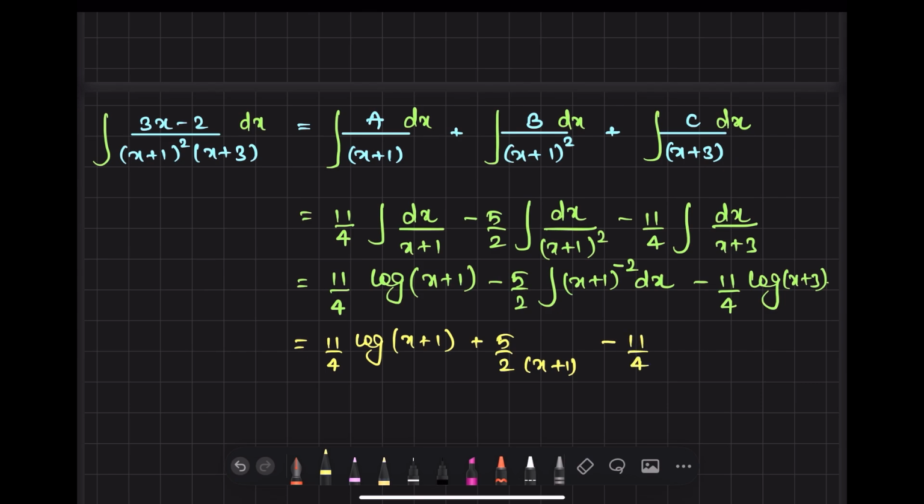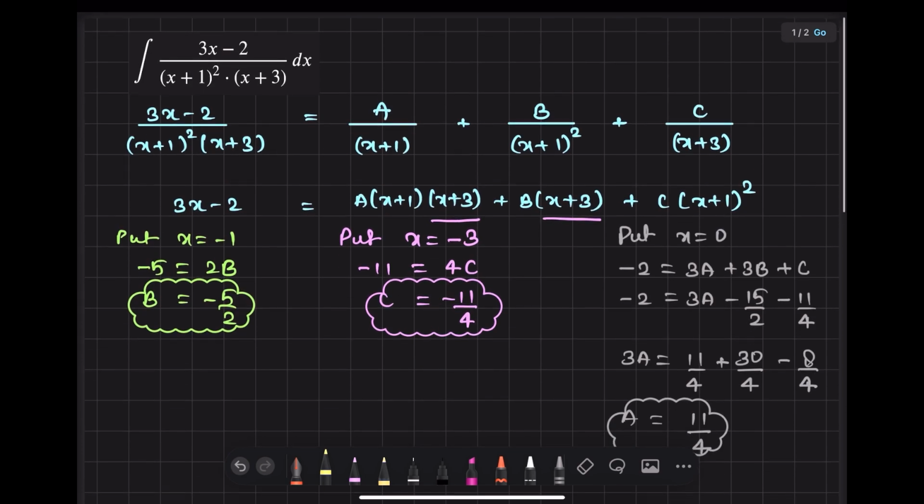Minus 11 by 4 log x plus 3 plus integration constant. So this is the answer. I hope you got the approach, and now if you find a fraction where the denominator is already factorized, you can handle it accordingly. Okay.